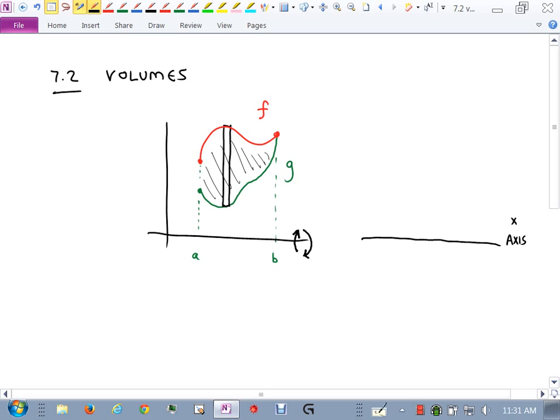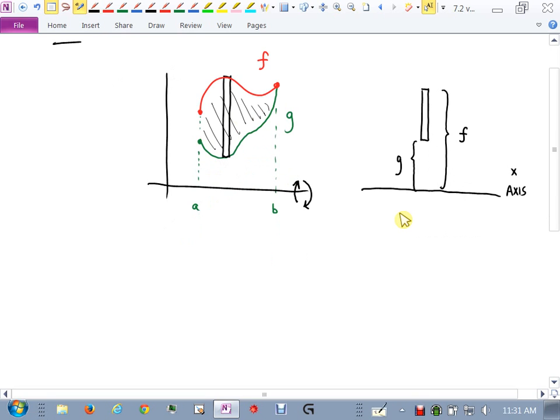Rotating about the x-axis, I have that rectangle that I'm going to wrap around the x-axis. So what is the height, or the distance from here to here? That's what f is, whatever f is. And the distance from here to here is g.